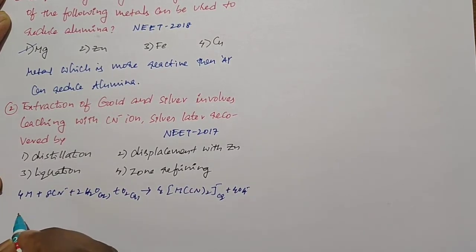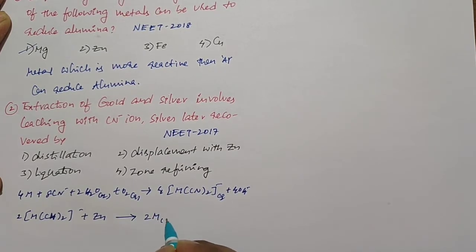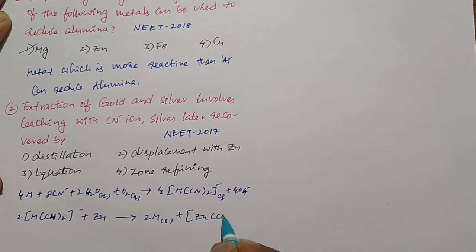After that, this complex reacts with zinc metal. It can form the silver or gold. This is the reaction to get the silver or gold from their substances.